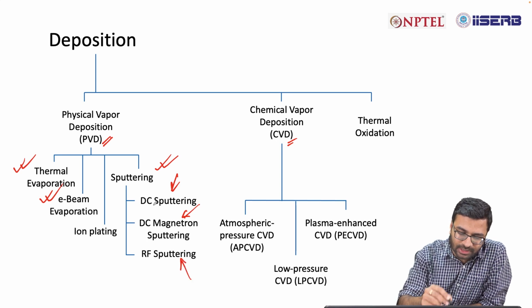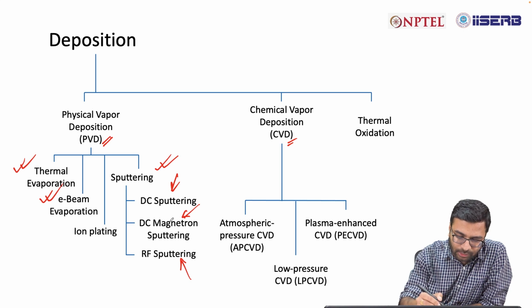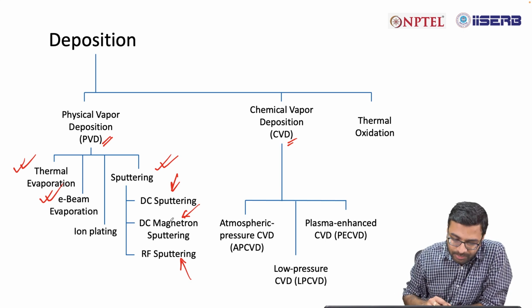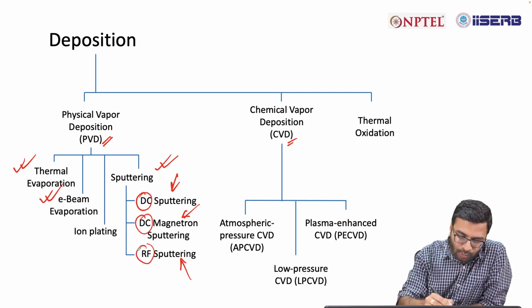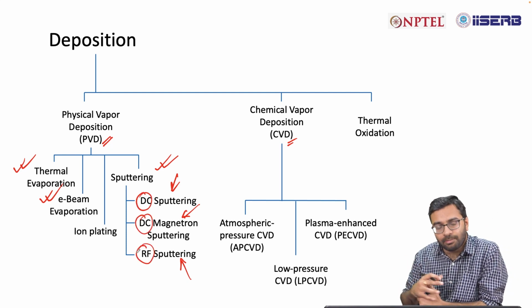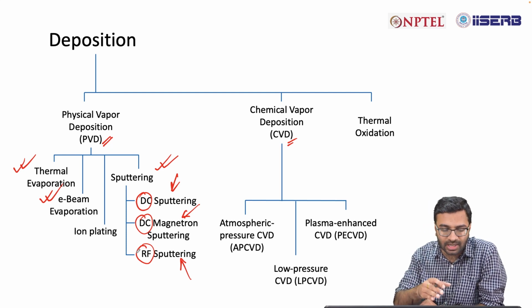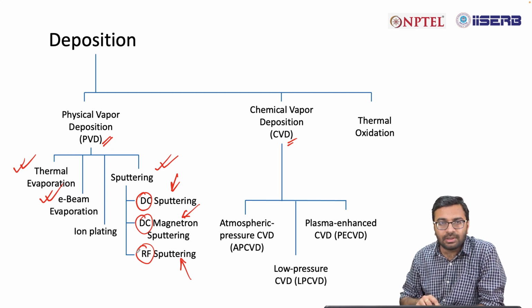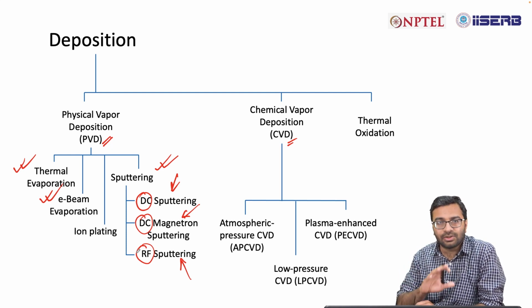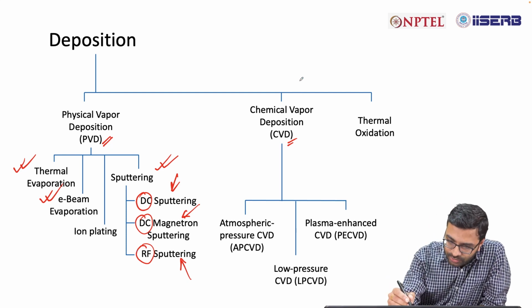For example, one can be DC sputtering, another is DC magnetron sputtering, and then there is RF sputtering. Based on the source of creation of the plasma inside a sputtering chamber, we change the name of the sputtering technique. However, the basic principle of sputtering has already been discussed. Now we will discuss chemical vapor deposition.